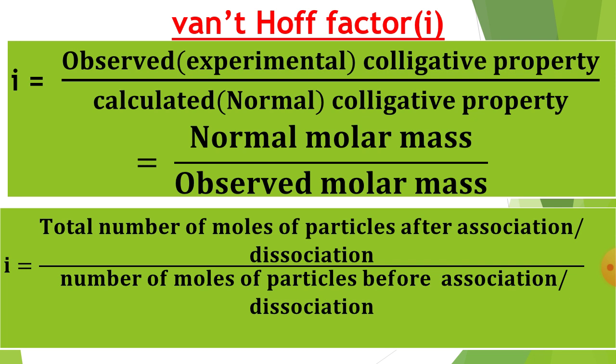That's why the normal molar mass divided by observed molar mass is equal to i. i can also be calculated as the total number of moles of particles after dissociation or association divided by the number of moles of particles before association or dissociation. So these two formulas you have to use to calculate the Van 't Hoff factor in the chapter Solutions, and this is most important also.